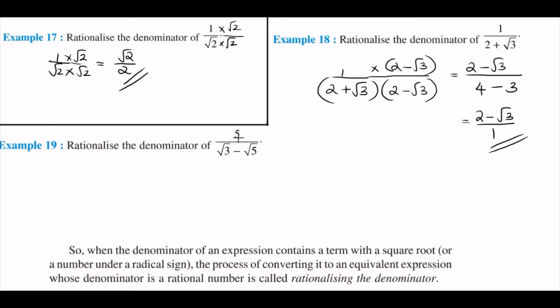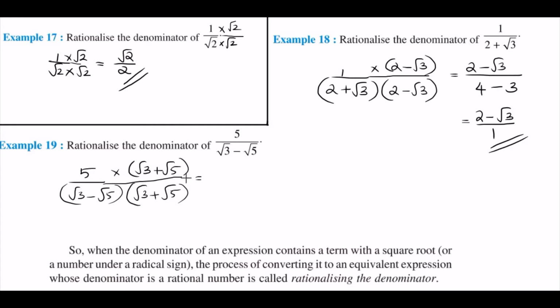So rationalize the denominator of 5 by root 3 minus root 5. So in order to rationalize, we have to multiply by root 3 plus root 5. That is, you know the identity, root a minus root b into root a plus root b is equal to a minus b. That is 5 by root 3 minus root 5. So you multiply by root 3 plus root 5 in the denominator, and you multiply by root 3 plus root 5 in the numerator as well.